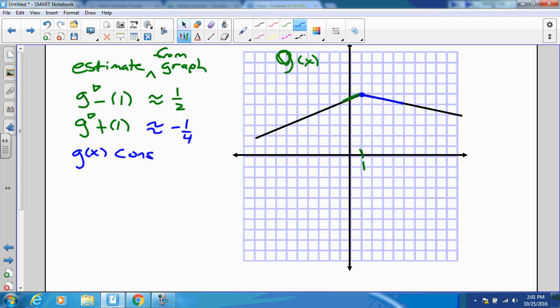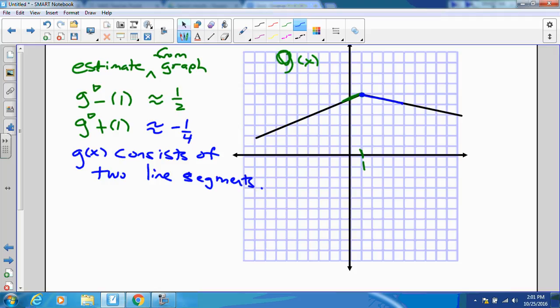If I knew this piece of additional information, that g of x consists of 2 line segments, then that nails it. Because that means that my slope here not only is approximately 1/2, it is 1/2, and the slope here is negative 1/4.